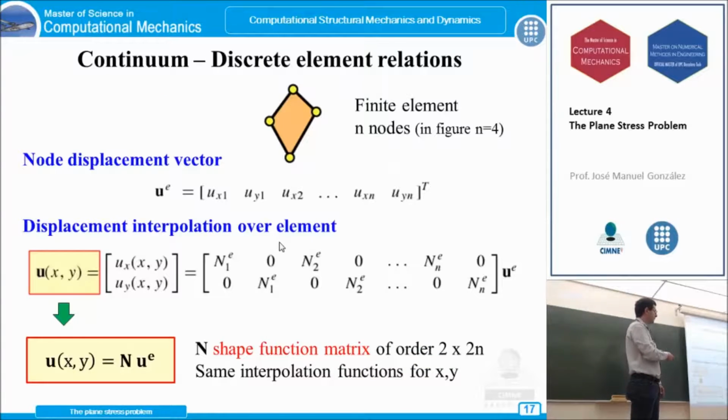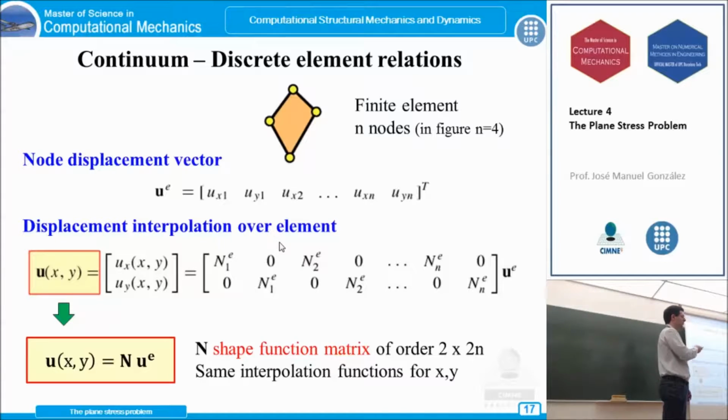So finally, if we consider we are at the element level, we are talking about this finite element, which can have n nodes. We said nothing about which kind of element we are talking about. This is not element dependent. So consider, for example, 4 nodes. Any of these nodes will have nodal displacement values.